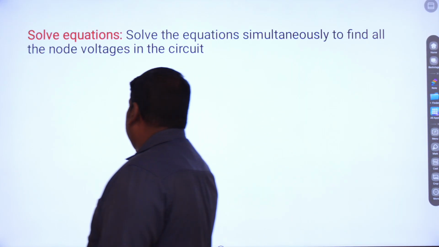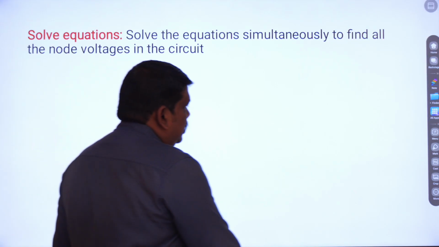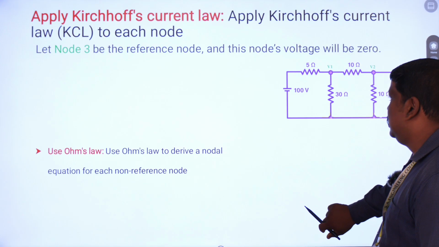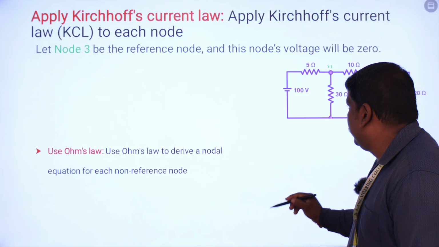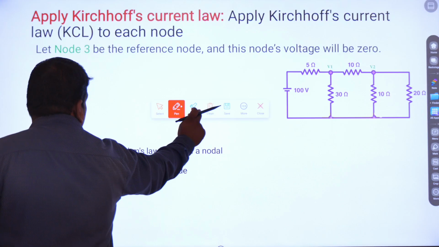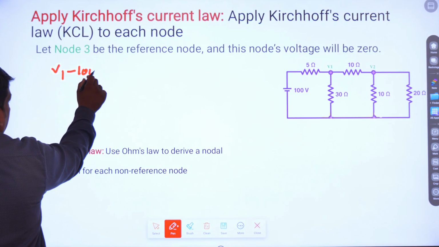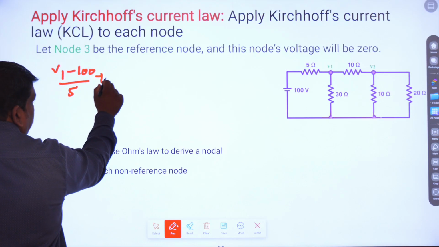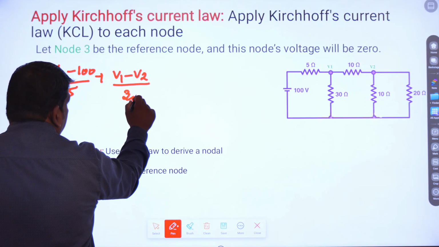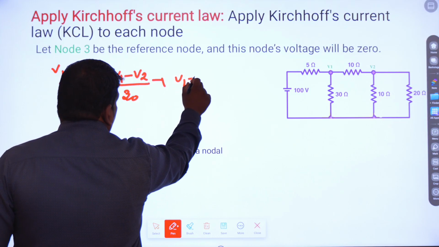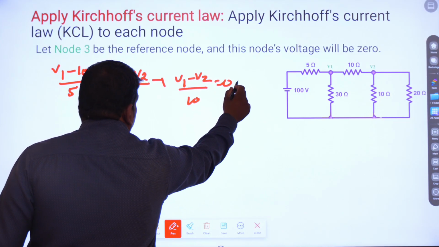Already we have formed equations: V1 minus 100 divided by 5 plus V1 minus V2 divided by 30 plus V1 minus V2 divided by 10 is equal to 0.